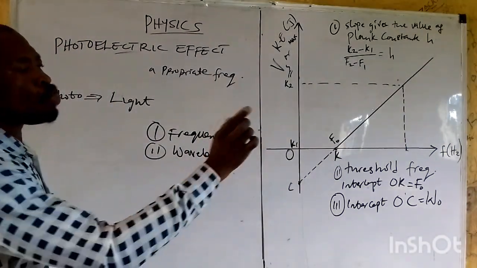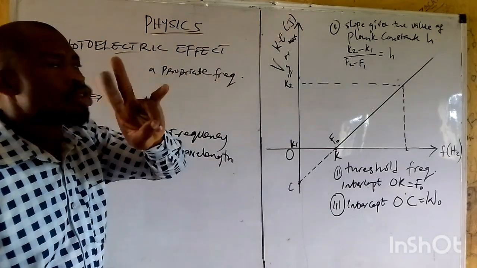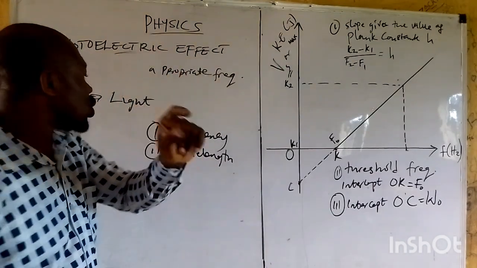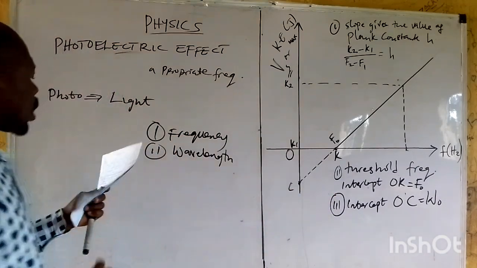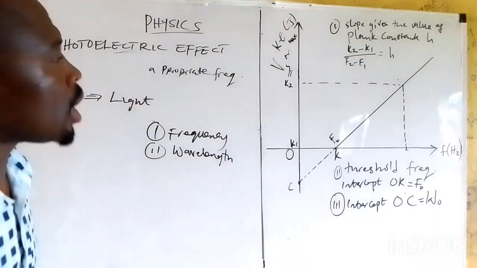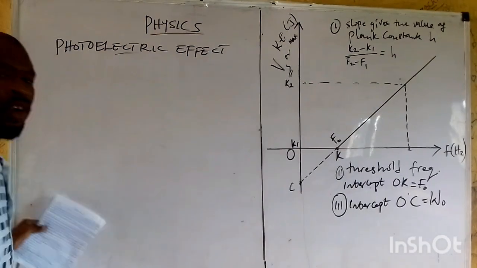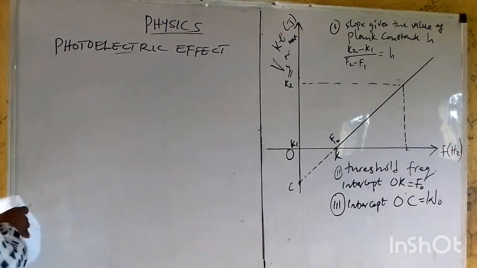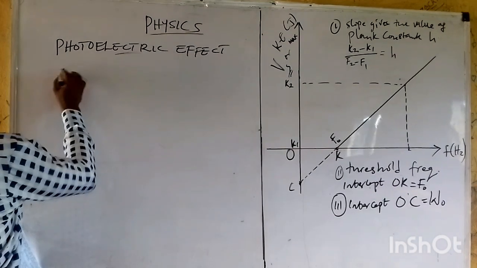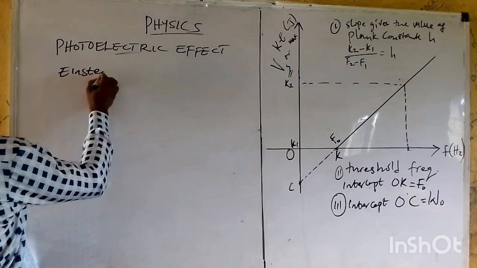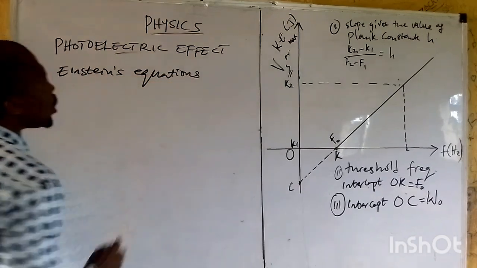So the two of them put together give us this kinetic energy. The two things we have discussed here are the kinetic energy and the work function. That will give us Einstein's equation, Einstein's photoelectric equation.